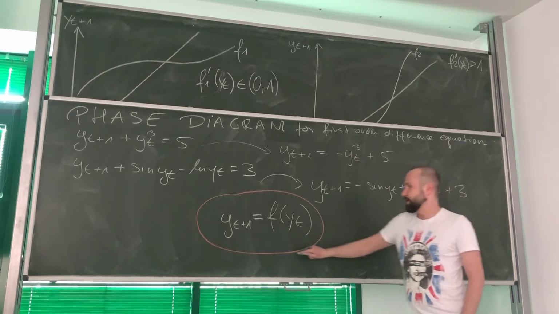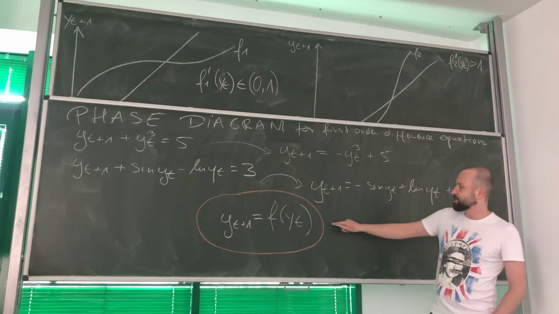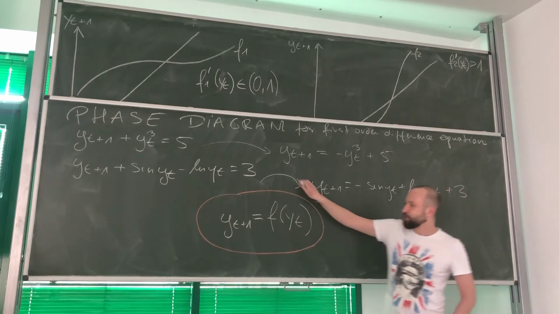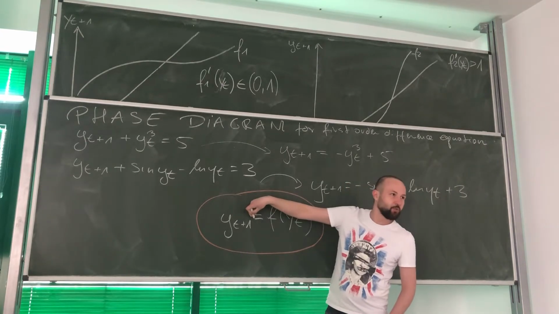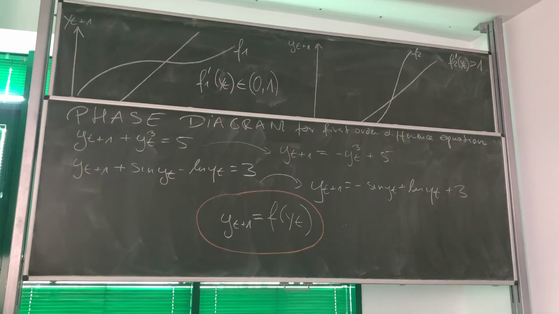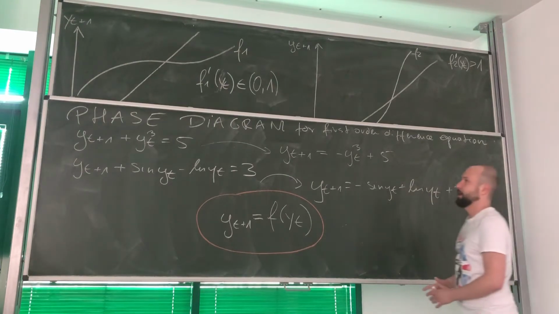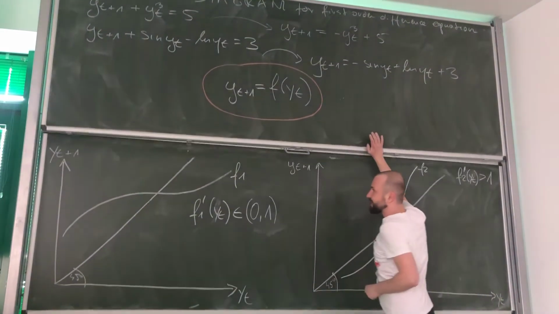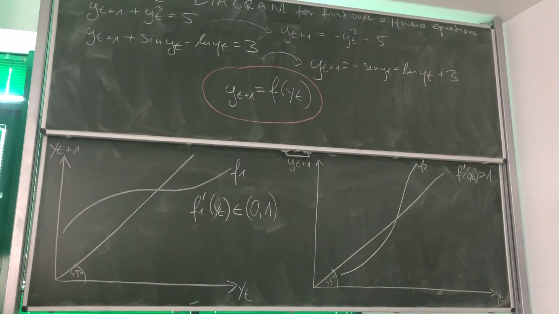This function here transforms observation from yt into a new value, yt plus 1. So in this case, we need to use a slightly different trick in order to deal with phase diagrams. And look, we need to consider different cases.